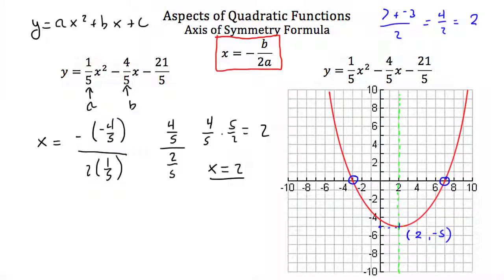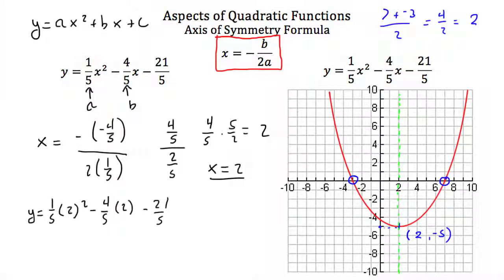Now if I want to find the y-coordinate of my vertex, all I do is plug in this x value back into my equation. If I do that, I'll have y is equal to 1/5 times 2 squared, because my x is equal to 2, minus 4/5 times 2 minus 21/5.